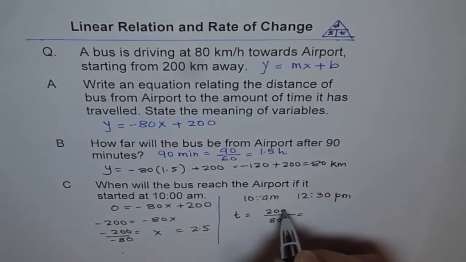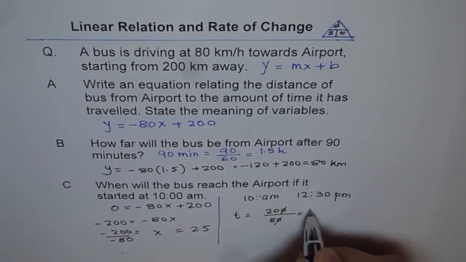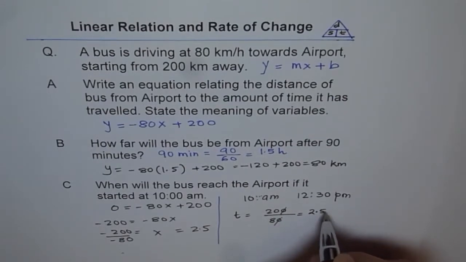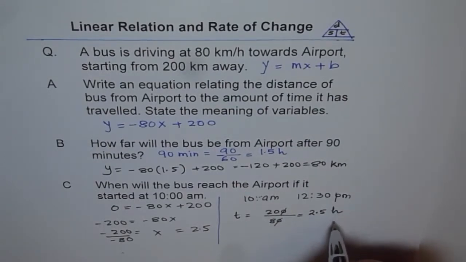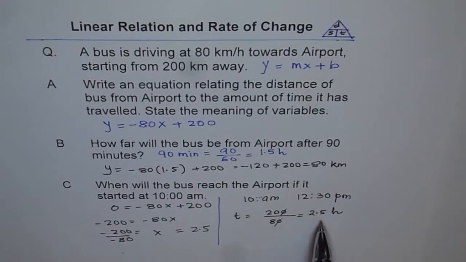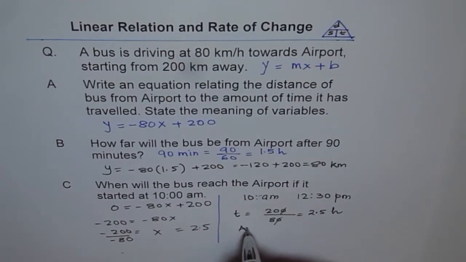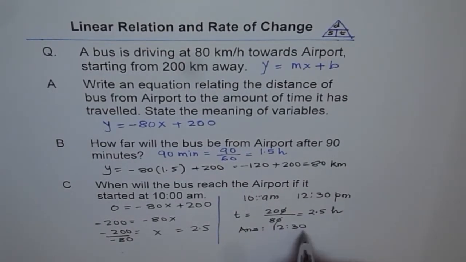And that gives us 2.5, right? 8 goes 2 times 16 and 40 is 0.5. 2.5 hours, right? So, half an hour means 30 minutes. And so we get our time as 12:30 p.m. So the answer is the bus will reach the airport at 12:30 p.m. Correct? So that's how we are going to solve this problem.